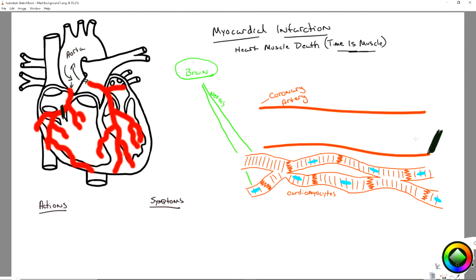Now typically we would have a large volume of blood coming through this artery. We have blood flow going all the way through, and it's a large amount, right? It's the amount that is needed to perfuse all of these cardiomyocytes or heart muscle cells, which is why they're striated, right?